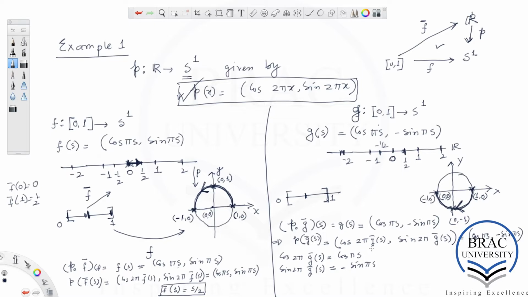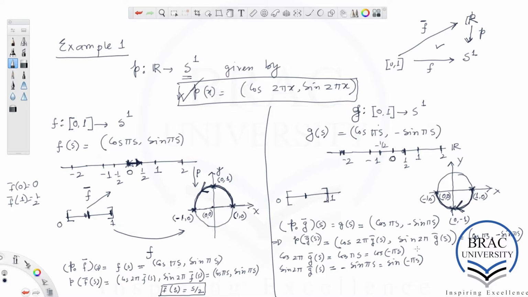And we know that this guy is cosine of minus pi s, right? By the well-known properties of trigonometric functions. And minus sine pi s is going to be equal to sine of minus pi s.